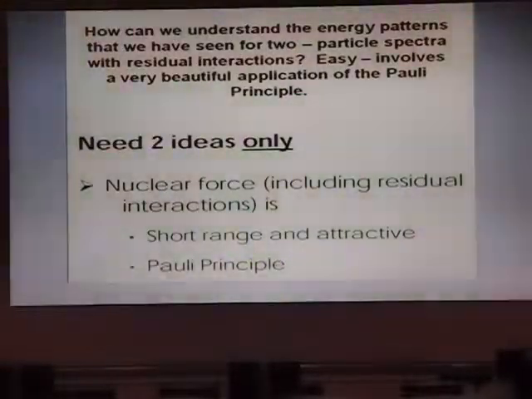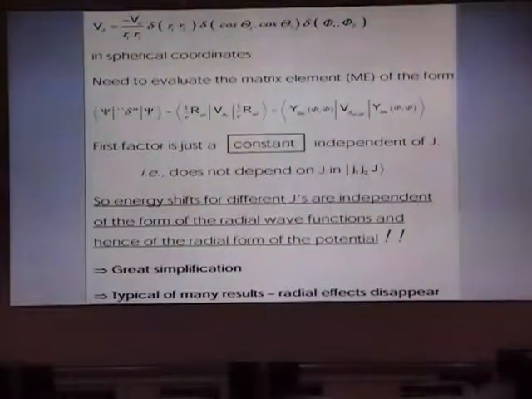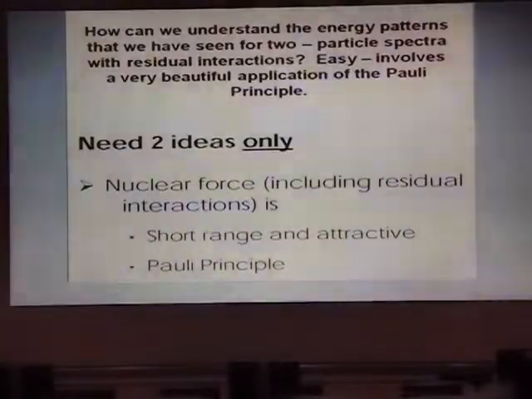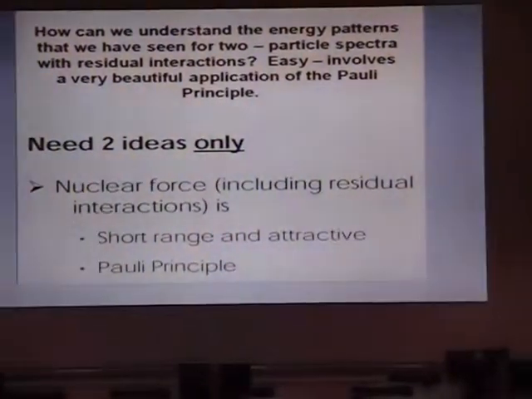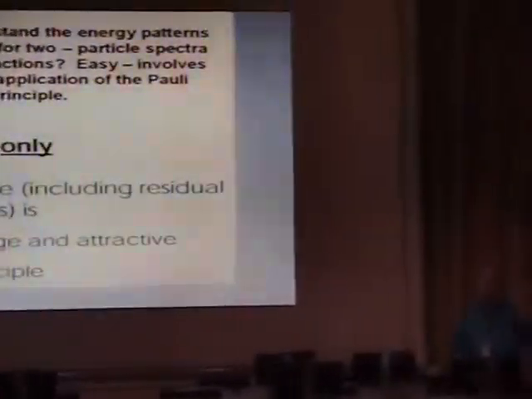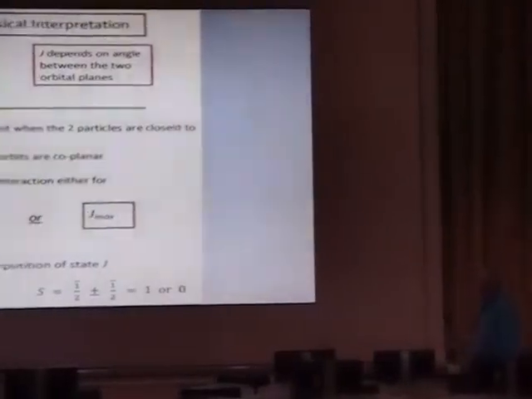Okay, so we only need two ideas only. That the nuclear force is short range and attractive, and we've already built that in by assuming a delta force, and the Pauli principle. And the argument is really, really beautiful and elegant. So let's think about what we're talking about.